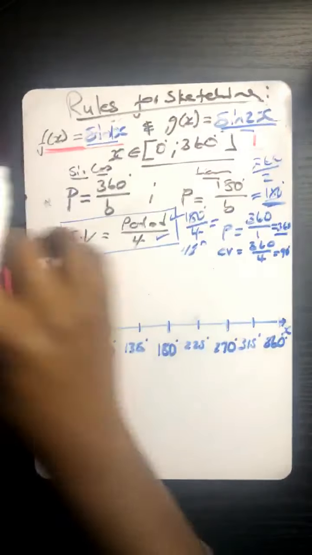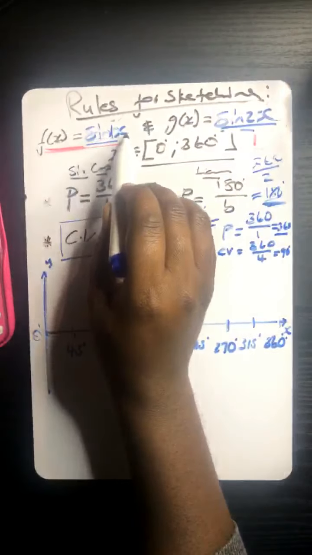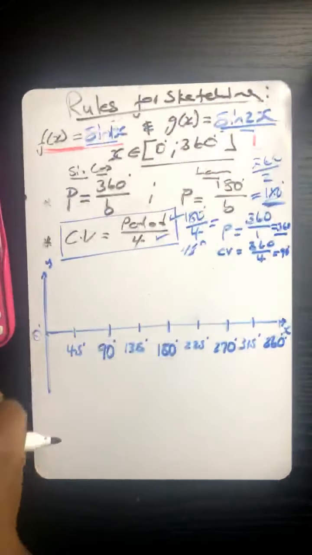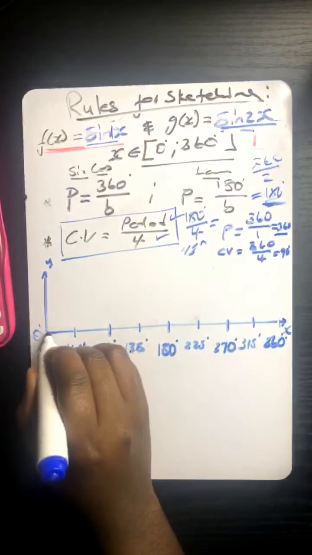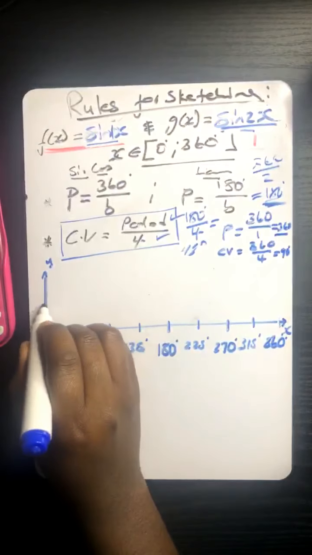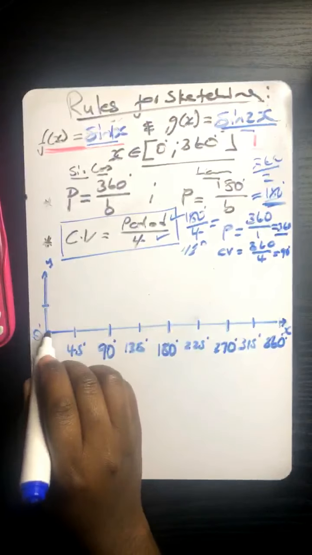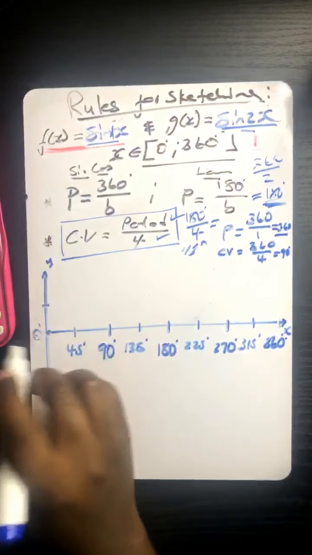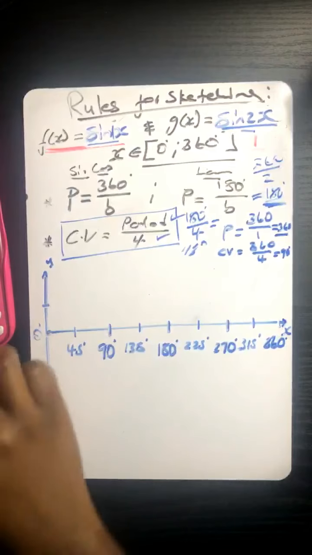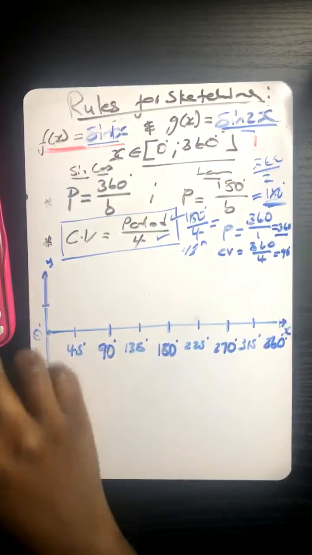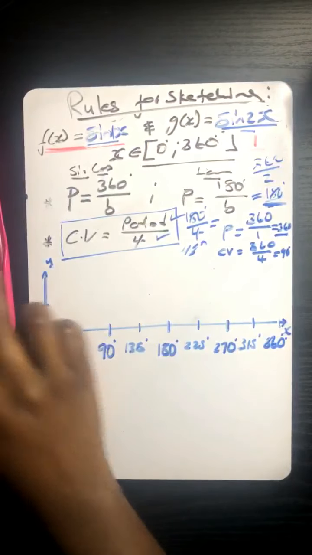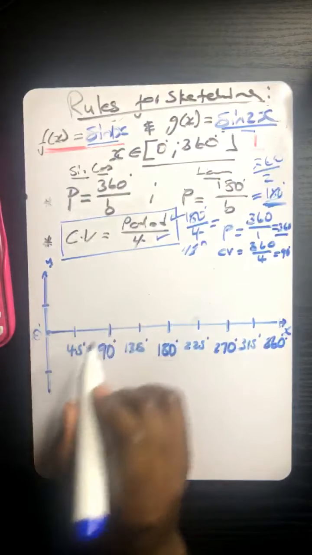So now let's catch this one of sine angle. It's sine 0. You start from 0, it gives you 0, you make a point. Remember, this could be your point 1, maybe this one negative 1. Sine 0 is that. Let's add 45. For 45, you're getting 0.7 as a decimal.